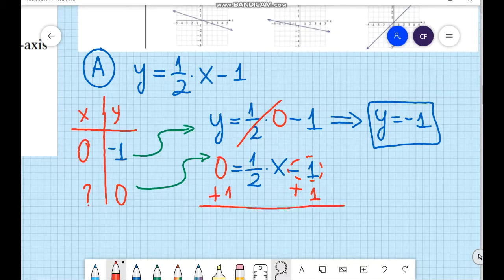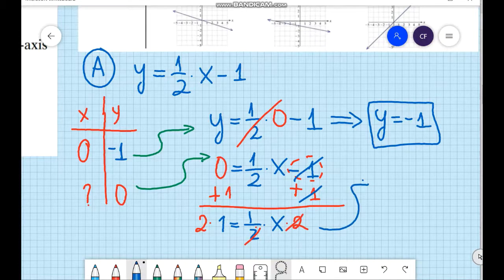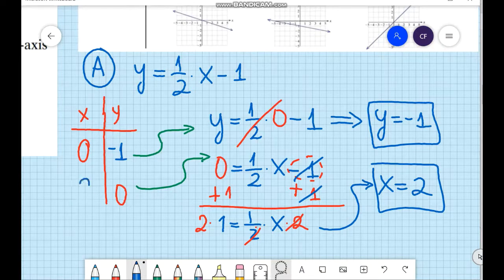Then you have 1 equals half times x. Now we multiply both sides by 2 to get rid of this 1/2. And the solution here is going to be x equals 2 times 1, which is 2.